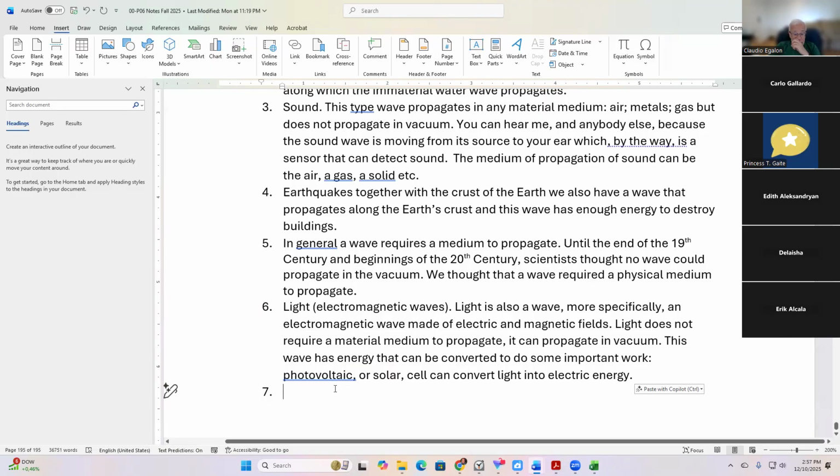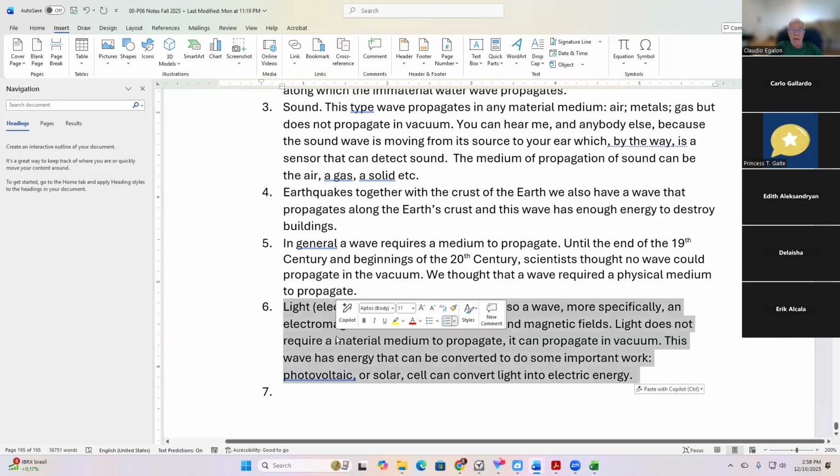Eventually that generated a huge confusion among the scientists at the time, which resulted in a revolution in physics. And Einstein was part of this revolution.